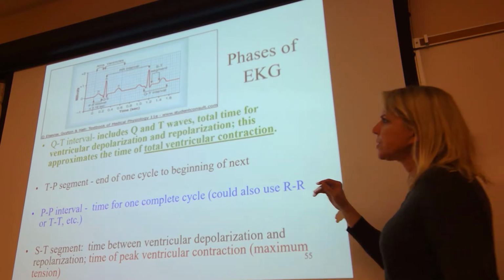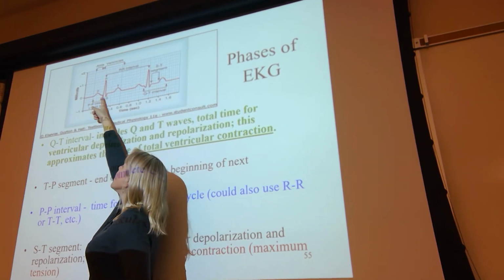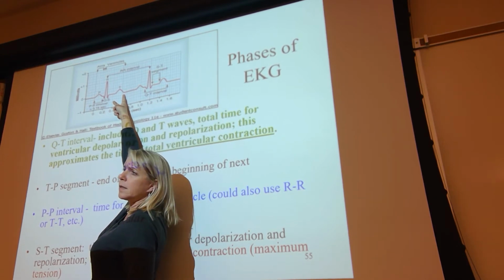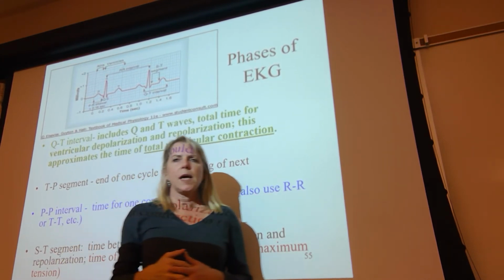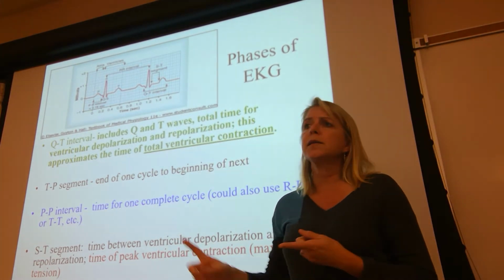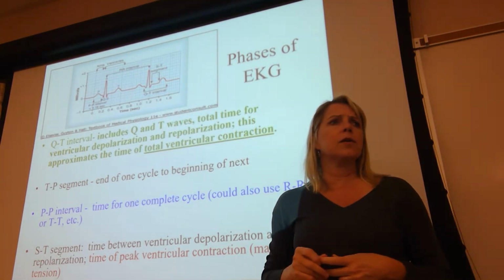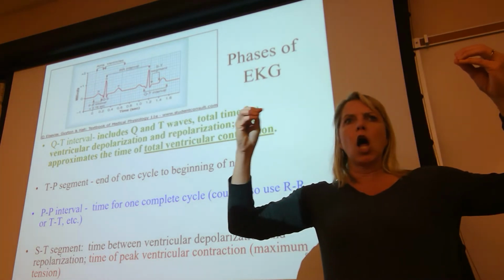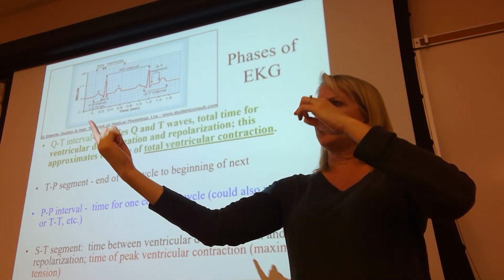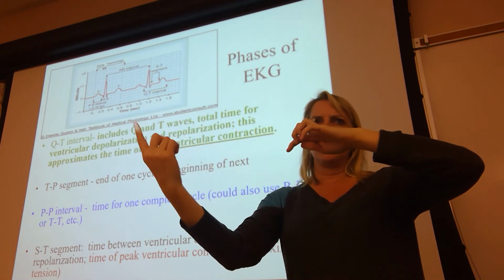Other intervals, QT interval. You measure that from the Q, if there is one, through the QRS complex to the end of the T. The QT interval represents the amount of time required for the ventricles to depolarize and repolarize. We are interested in the QT interval because if this lasts longer than it should, it invites the action potential to actually go into a circular serous route through the cardiocytes.